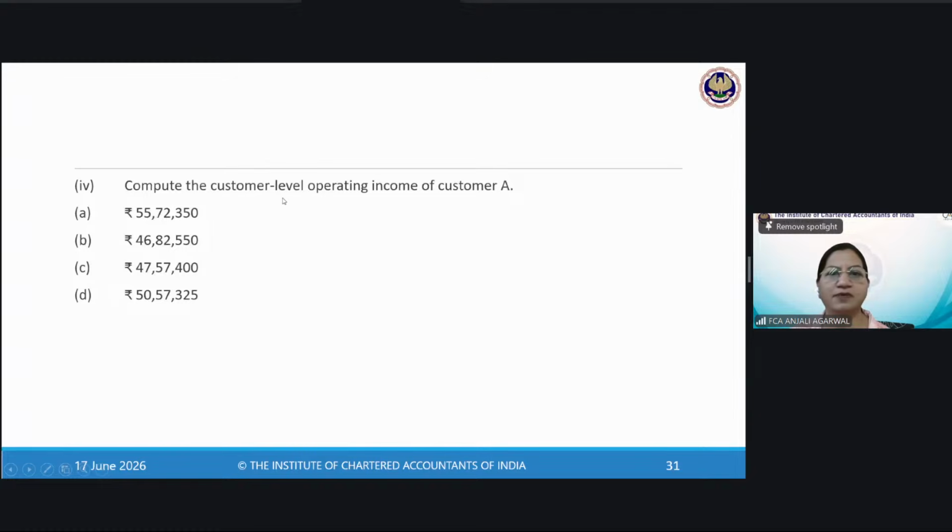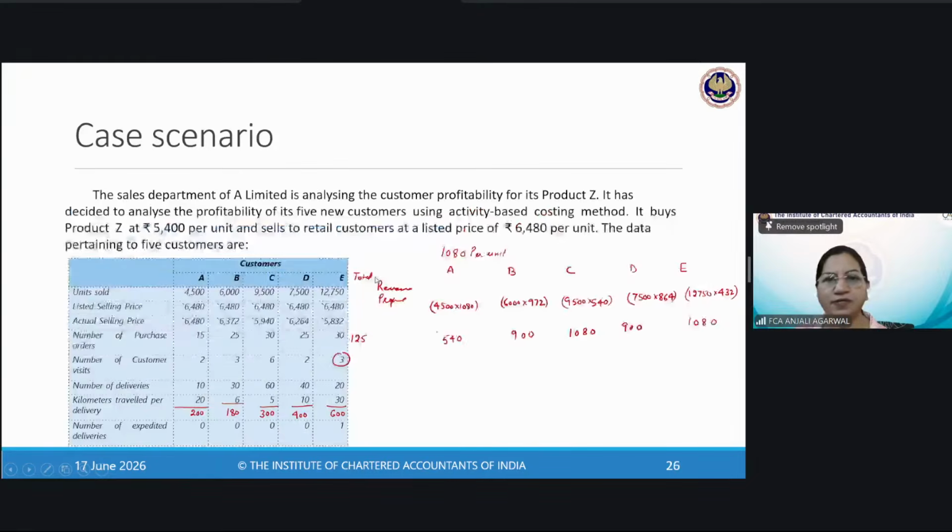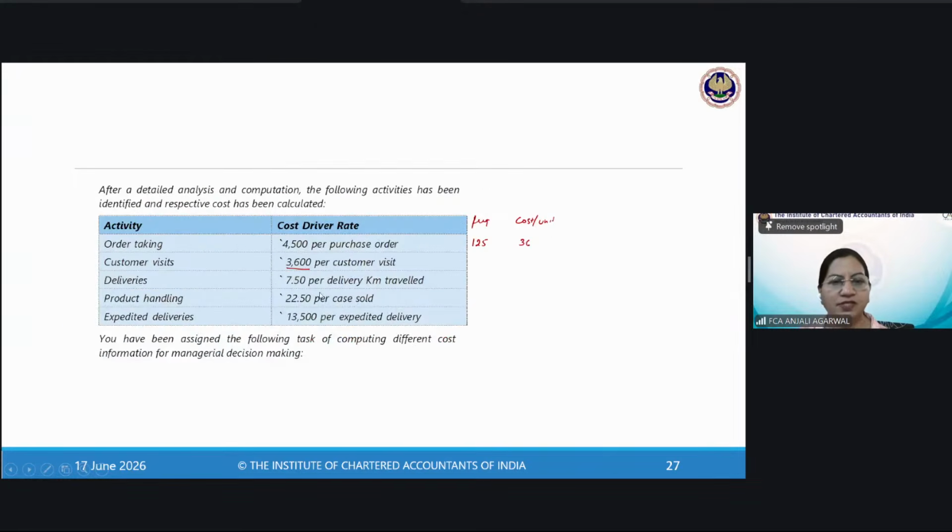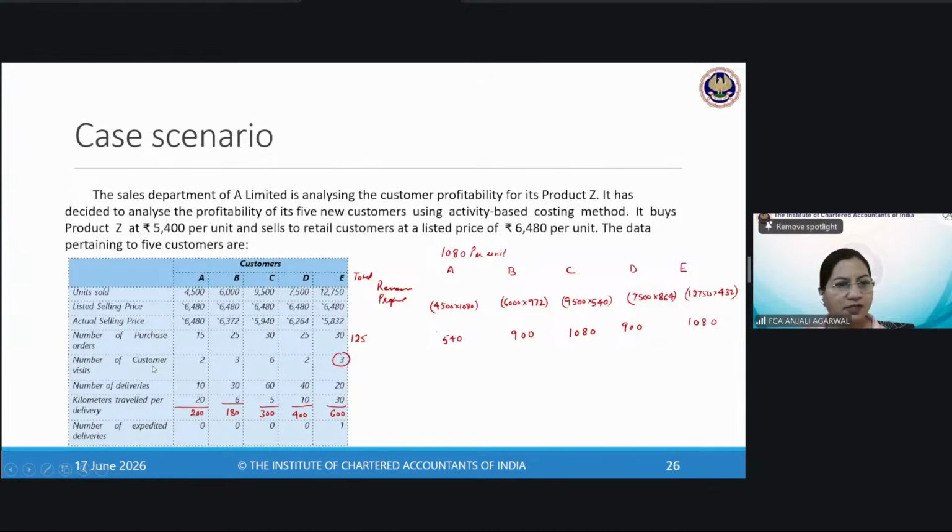Next, compute the customer level operating income of customer A. So here you will do the complete question for A only. Like we have done the customer visits. Order taking is 4,500 per order. How many orders are taken?